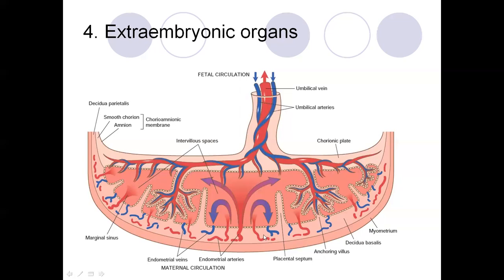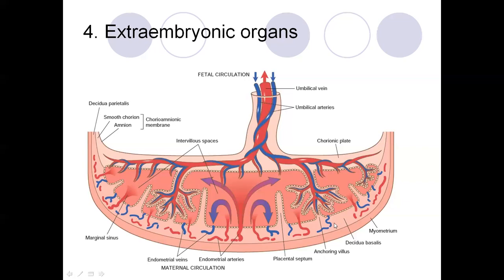This mucosa changes and becomes decidua basalis. This is the myometrium, this is the endometrium, and the endometrium, or another name, tunica mucosa in the uterus, becomes decidua basalis. Decidua basalis contains connective tissue, epithelium, and vessels, and also decidual cells.